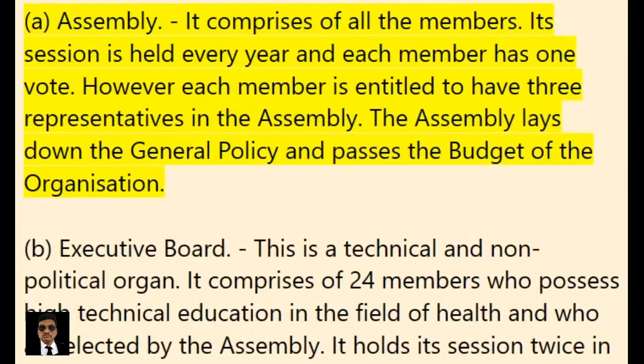A. Assembly. It comprises all the members. Its session is held every year and each member has one vote. However, each member is entitled to have 3 representatives in the Assembly. The Assembly lays down the general policy and passes the budget of the organization.